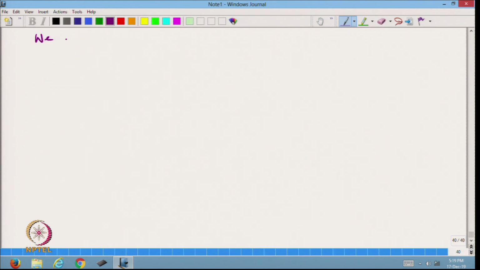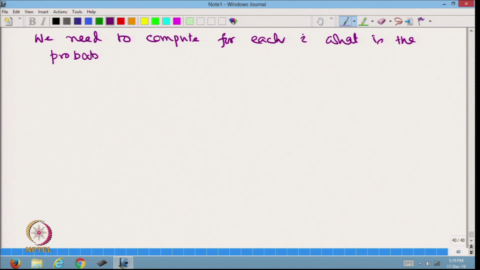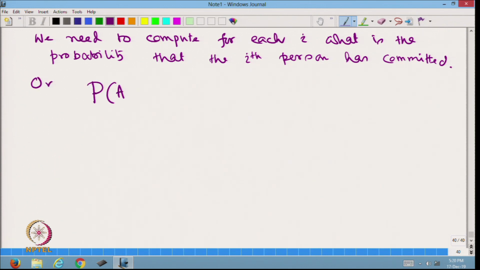Now, we need to compute for each i what is the probability that the ith person has committed, or we want to know probability of Ai given that the crime has happened, that is B. So, we are looking at probability that Ai has committed the crime given something has happened.